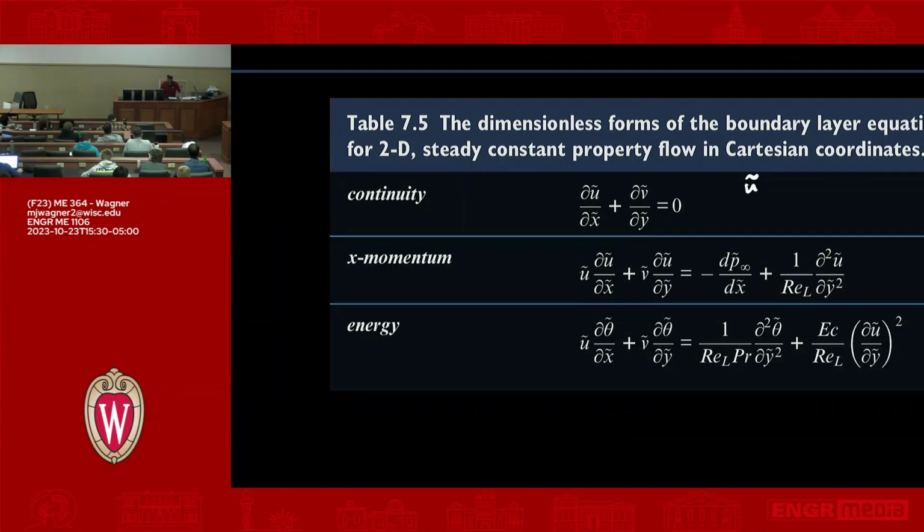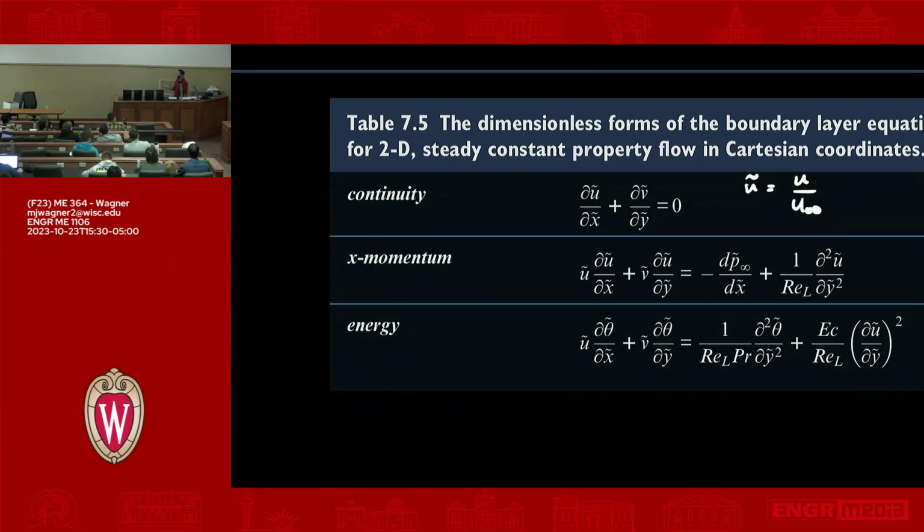So U tilde would be U over U infinity. So I have some normalizing quantity. In the case of X, that might be my current X position over the full length of the plate L, right? So X over L. Y might be Y over L, and so on. So you go through and non-dimensionalize these.